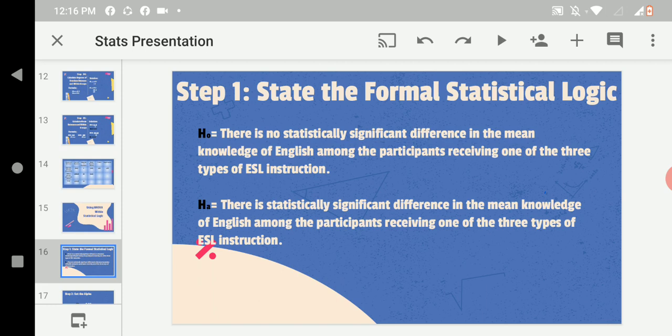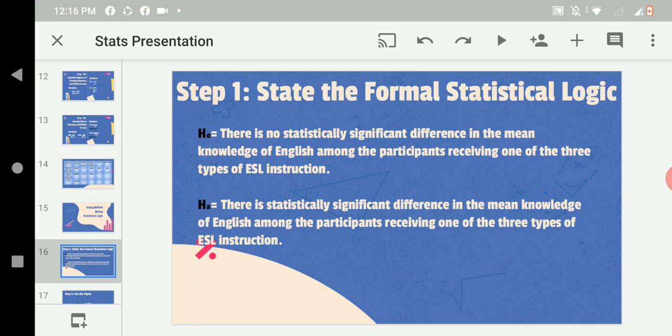null hypothesis: there is no statistically significant difference in the mean knowledge of English among the participants receiving one of the three types of ESL instruction. We have to take note that the term in ANOVA should be statistically significant difference because we are looking for the difference between the groups.